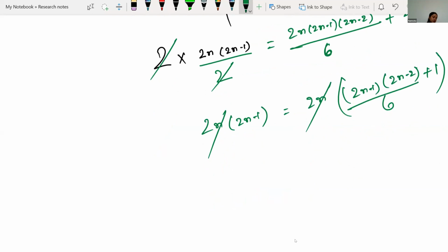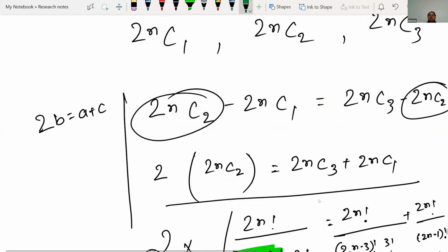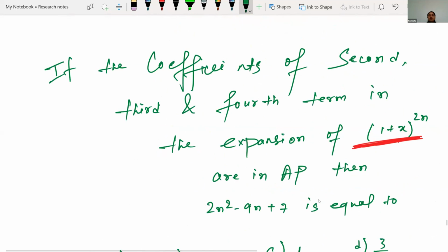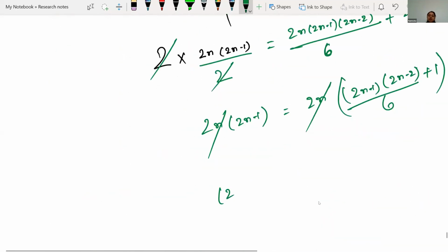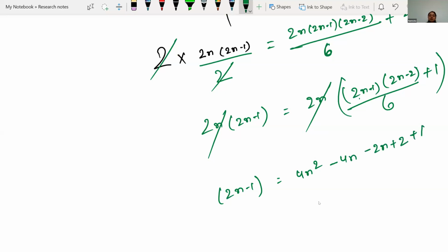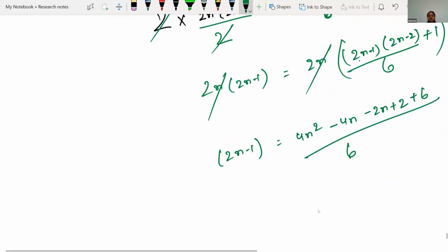Let's simplify and check what exactly we are getting. What do we have to find? We have to find the value of 2n square minus 9n plus 7. We are having 2n minus 1 over here. If we multiply, we will be having 4n square, then minus 4n, minus 2n, and then plus 2, plus 6 divided by 6. Is it clear? Yes, ma'am.